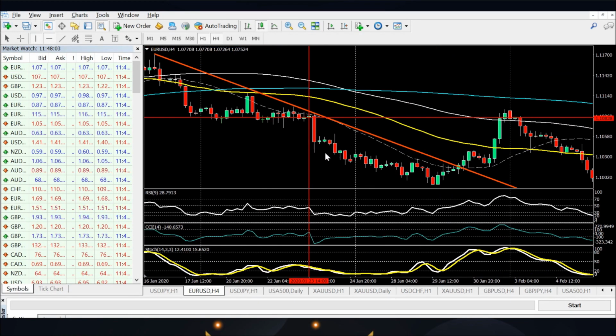In H4, it is right at this point. 50 is below 200, but 100 is still a little bit above 200. So I'll say the probability is slightly reduced because of this, but it is still okay because the 100 SMA is still sloping downwards. Because it's a lagging indicator, it takes some time for it to come down.